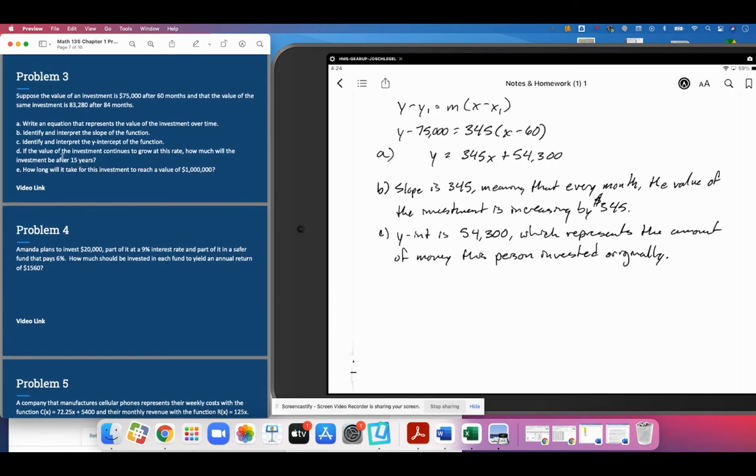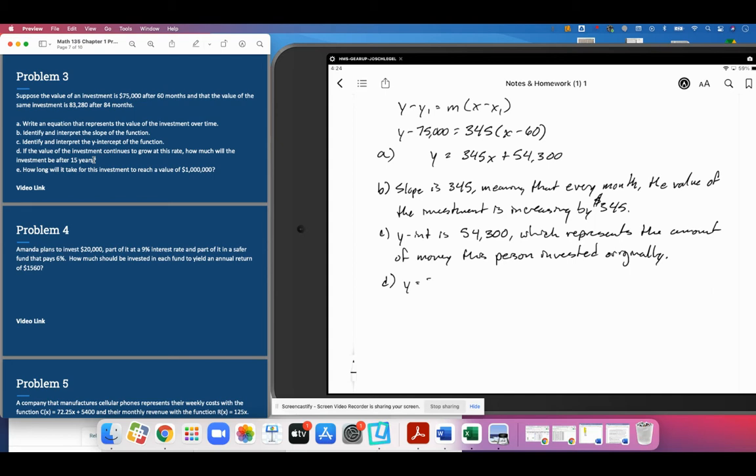Pretty cool. So if the value of the investment continues to grow at this rate, how much will the investment be worth after 15 years? And so it's important to recognize that this is years and our function models months. So 15 years is the equivalent of 180 months. And so for part D, we need our function.